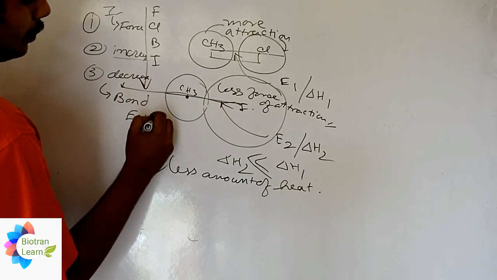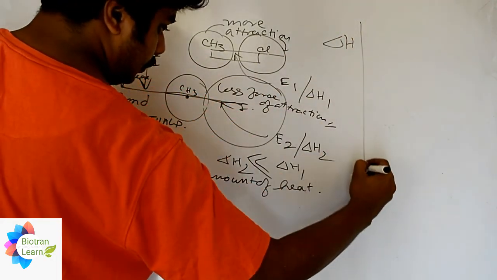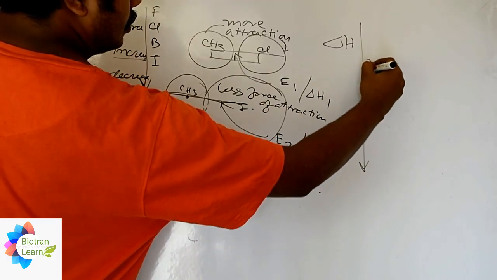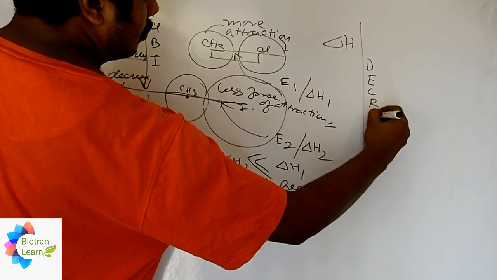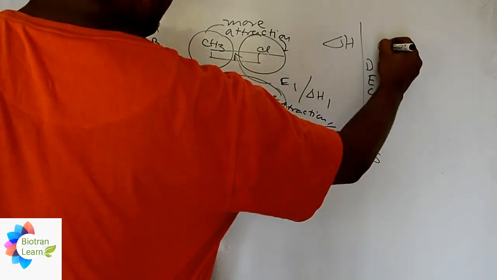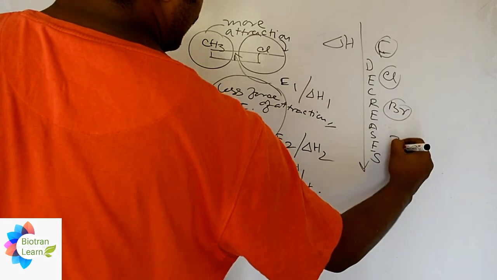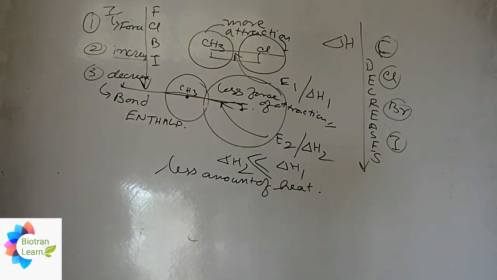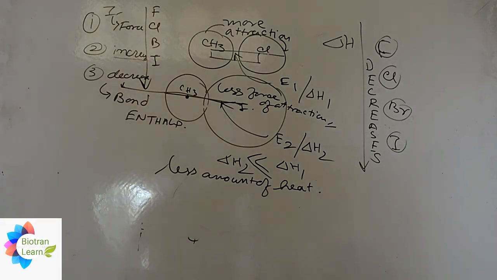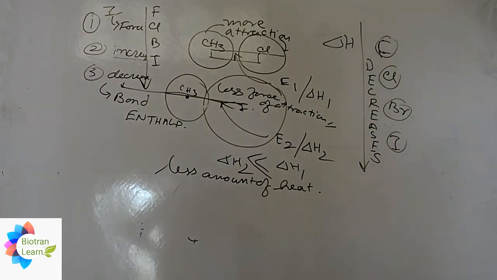The bond enthalpy will be much less, so delta H decreases down the group from F, Cl, Br to I. This was all about the nature of the C-X bond. Let's move on to the next portion, the methods of producing a haloalkane.